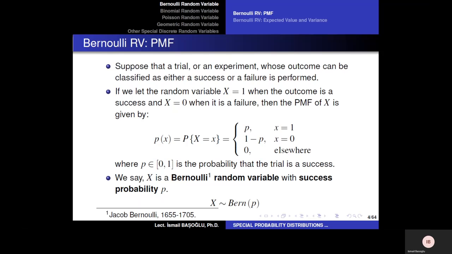Now, on the sample space of these random experiments, we can define a random variable denoted by capital X. If the experiment ends up with a success, then this random variable takes a value of 1. And if this random experiment ends up with a failure, then the value of the random variable will be 0.